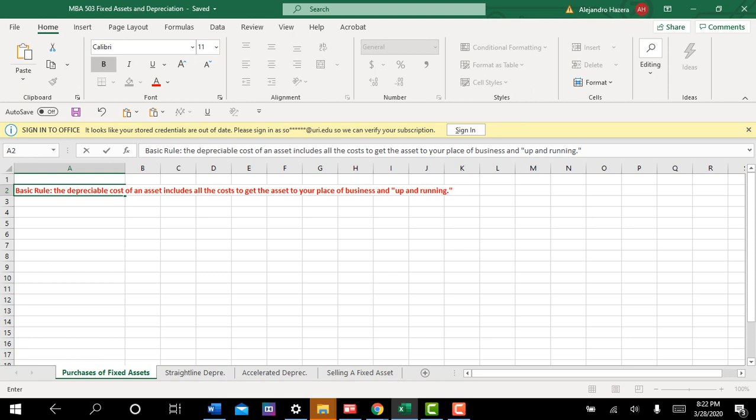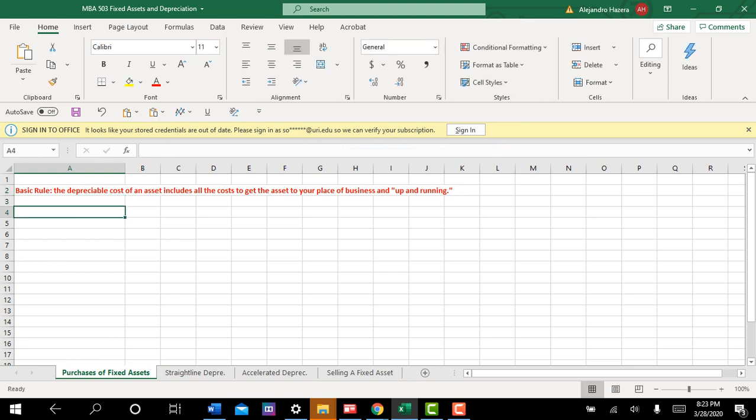What we're saying here is that when you buy an asset, it not only includes the basic cost of the asset, it also includes any costs that it would take to get the asset to your place of business and up and running.